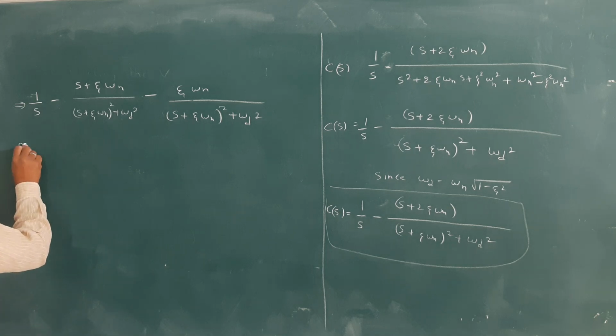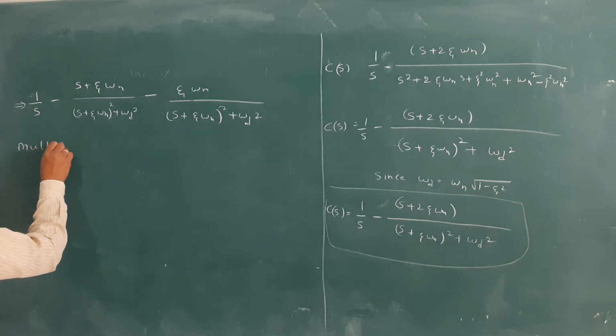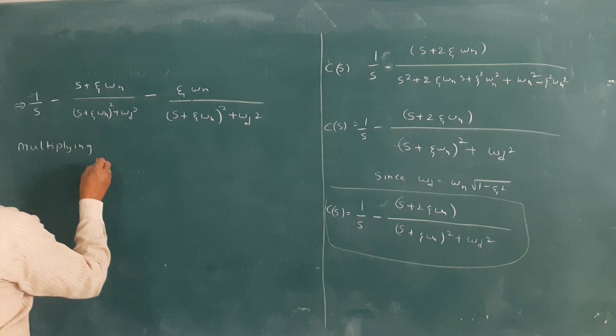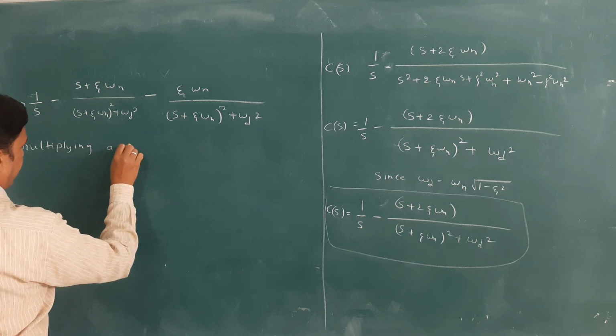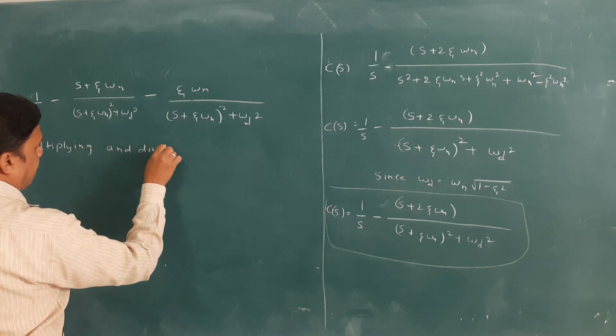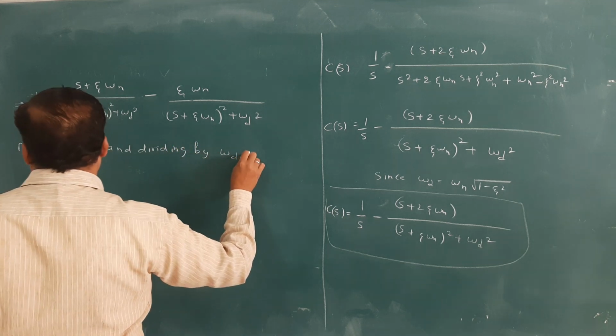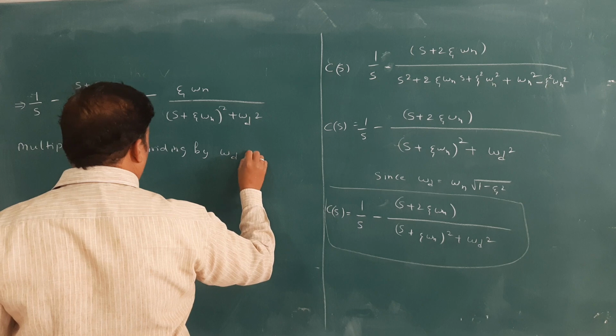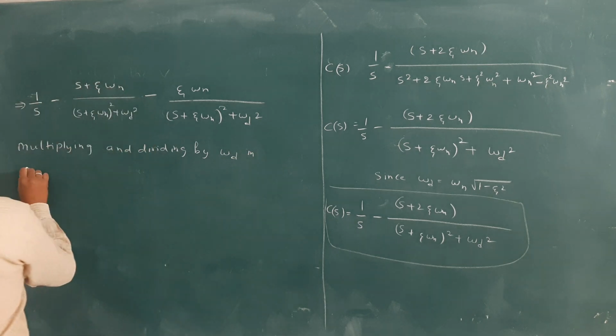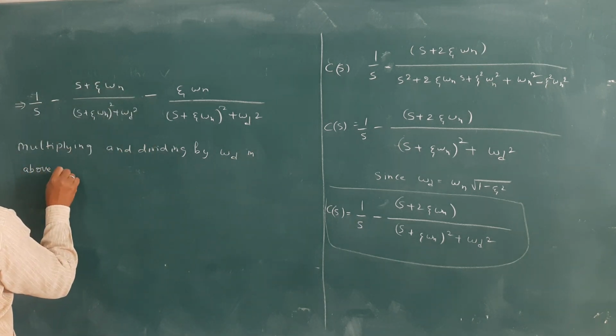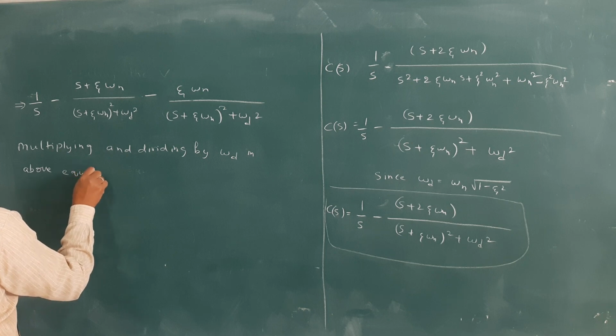Now multiplying and dividing by omega d in the above equation, what do we get here?